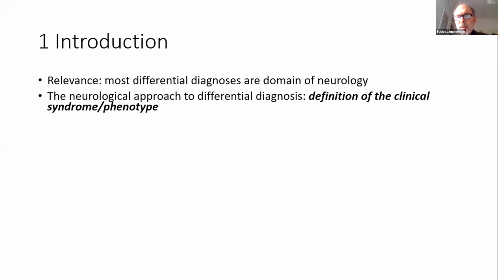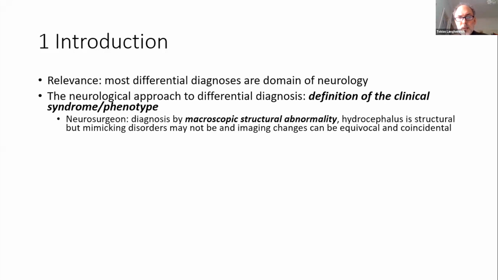Now, the neurological approach, and I think it's not any different for the neurosurgeon, is the definition of the clinical syndrome, the phenotype. Now, there is probably a difference in that neurosurgeons can rely, due to the nature of their specialty, more on macroscopic structural abnormalities.